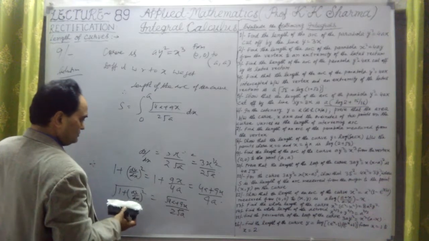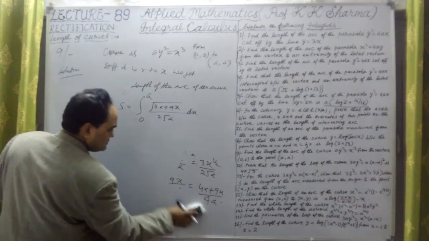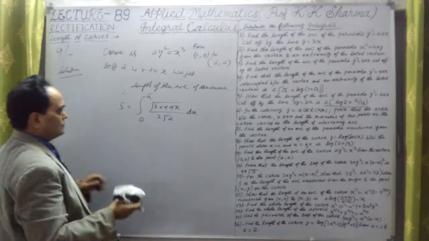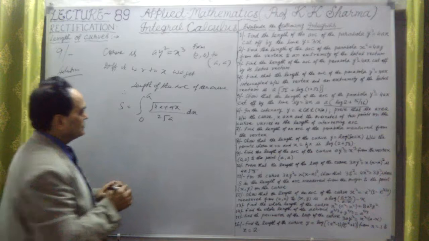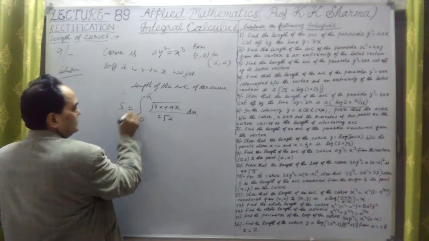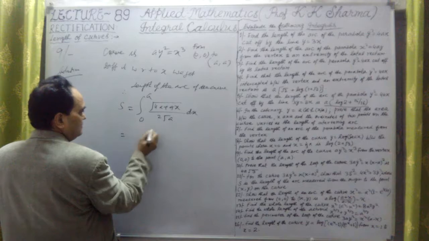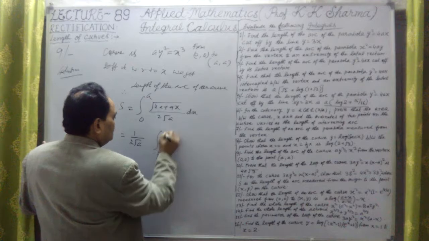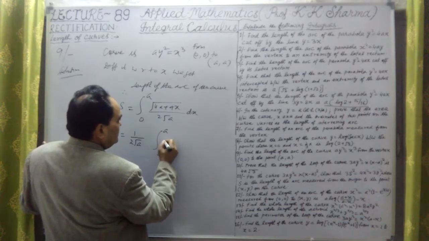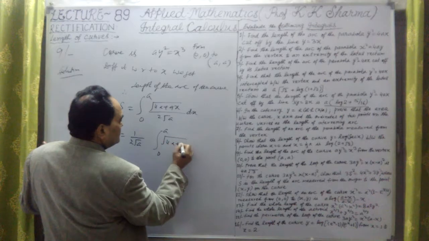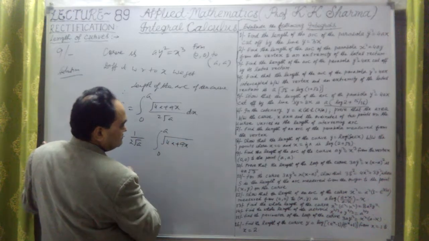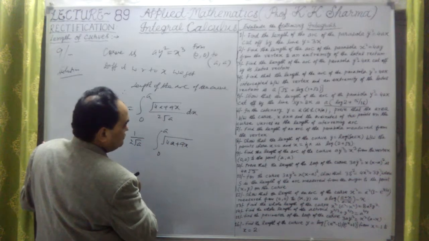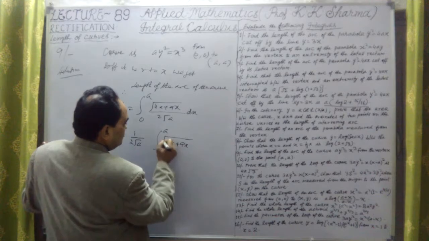So the integration of this is a simple question. So s equal to this value. Let me take 1 by 2 root a outside, with limits 0 to a, and the integrand is under the square root 4a plus 9x, into dx.